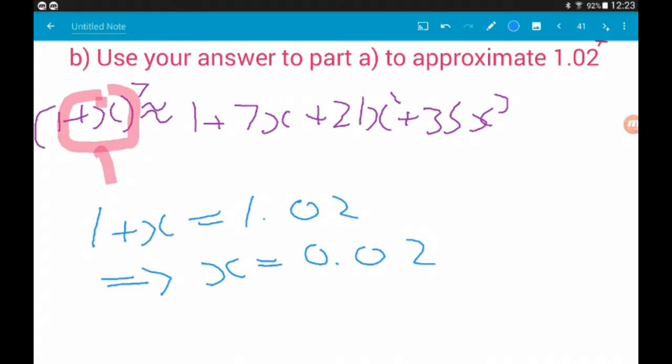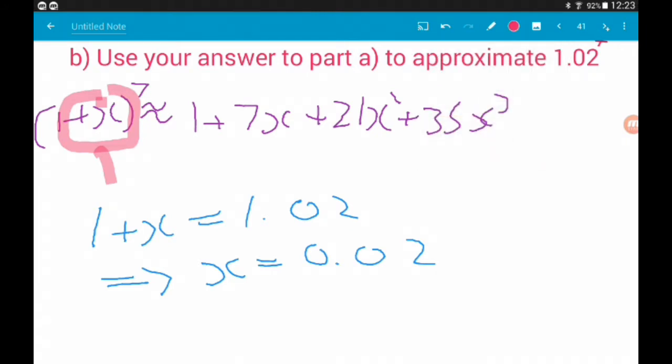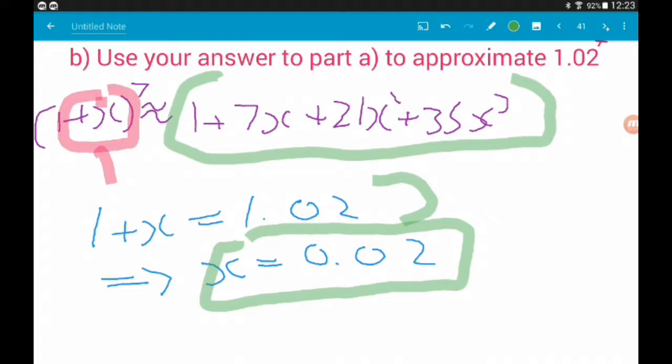So we now substitute that into our approximation. So this x equals 0.02 gets substituted into the approximation of our expansion.